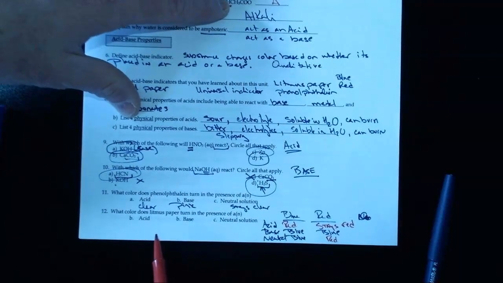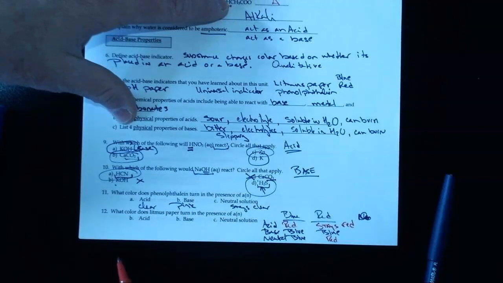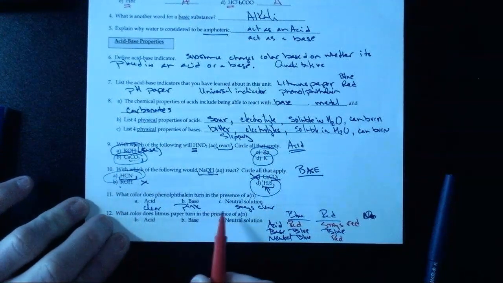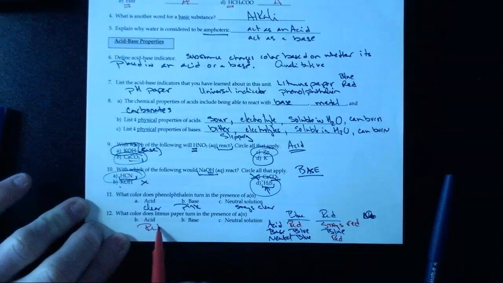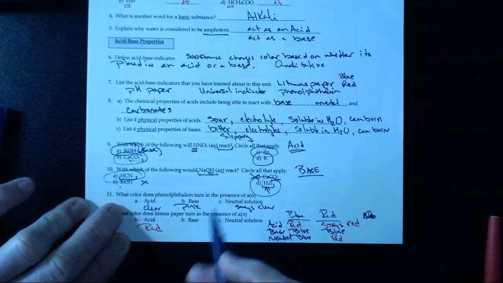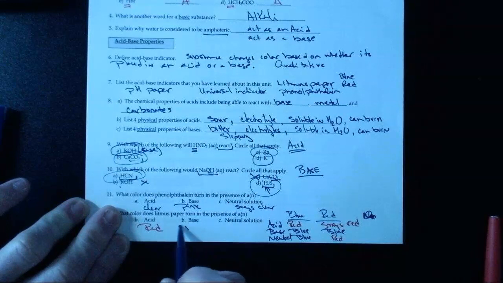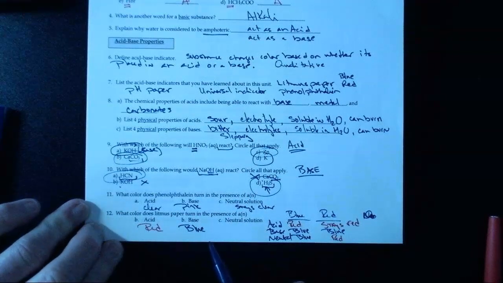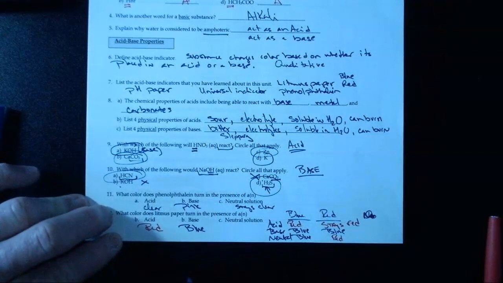So, if I were going to fill this out the way that it's written here, in an acid, litmus paper is red. In a base, litmus paper is blue. Now it may turn red or turn blue depending on which one it is.